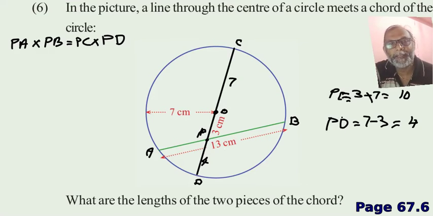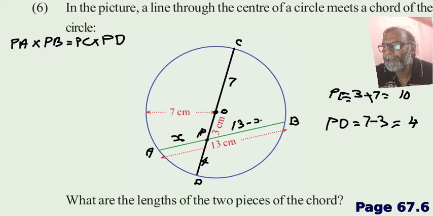Now we don't know the lengths of PA and PB. But we know the length of the chord. That means the length of the chord AB is given and it is 13 centimeter. So we don't know the length of PA. So let it be X. If PA is X and AB is 13, then what will be the value of PB?